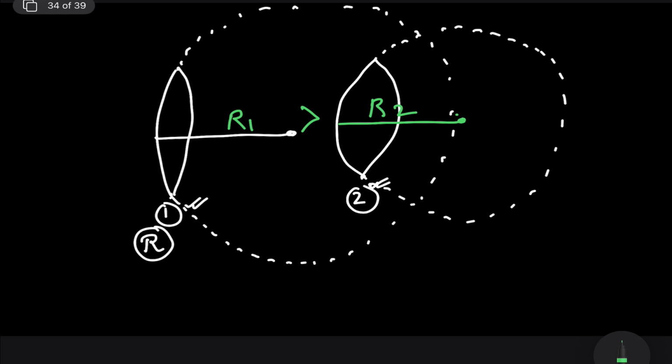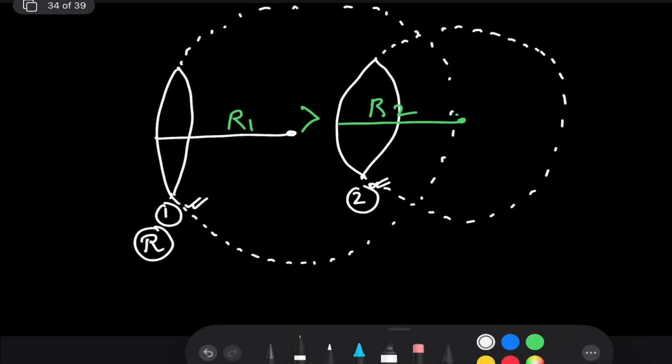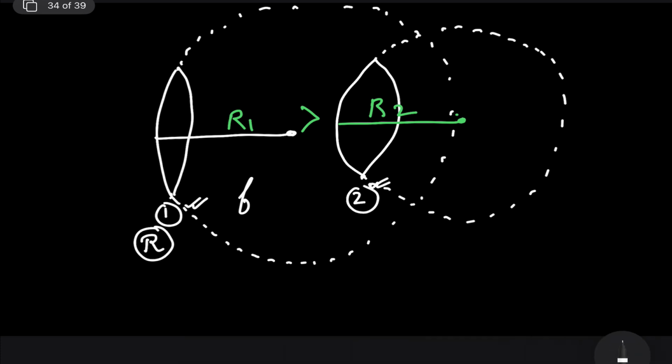So let me go back over here, f1 will be greater than f2. The focal length of the first lens will be greater than that of the second lens. Now we already know that the power of a lens is inversely proportional to the focal length. So P2 will be greater than P1.